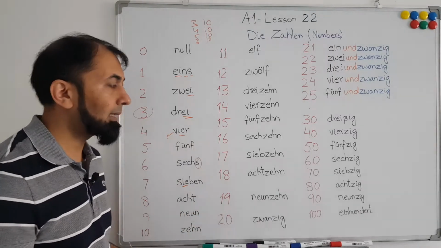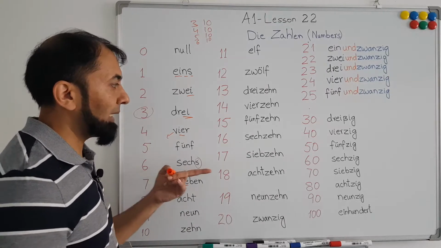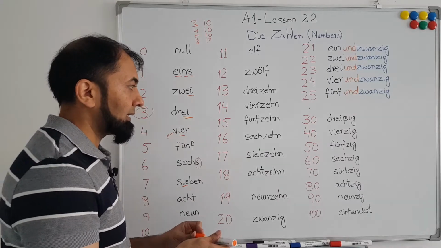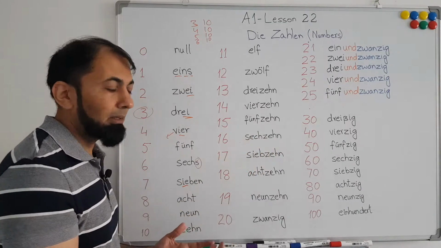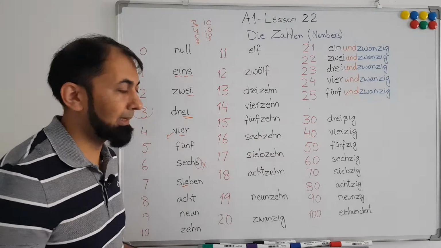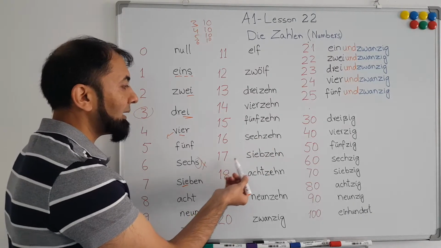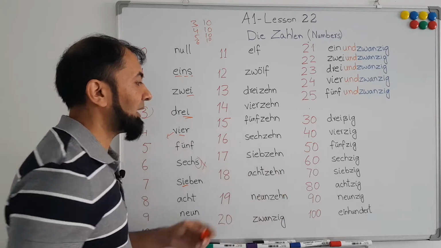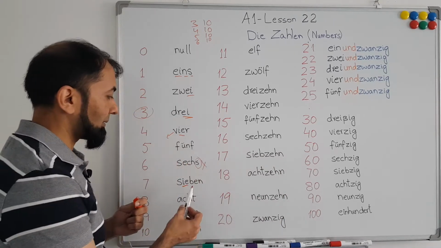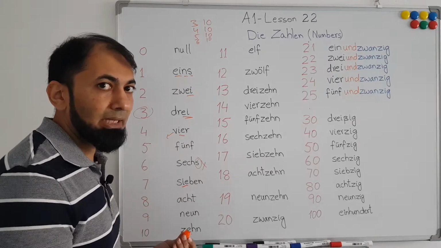Now one thing you have to notice here is that if you write 6 alone, then it will be followed by an S. The last letter will be S. But here, if you write it in combination with 10, as in 16, then we have to remove this S. Here we do not have an S. 17, siebzehn. Similarly, here 7 and 10 is what we call 17.